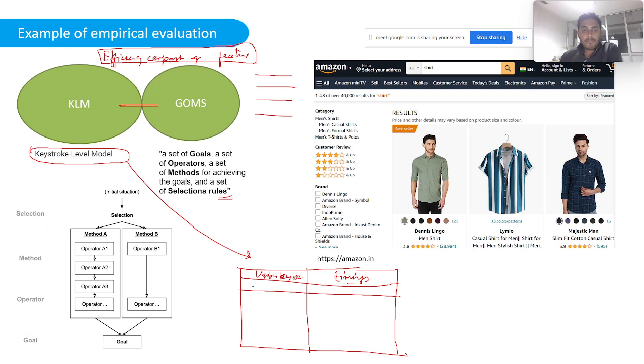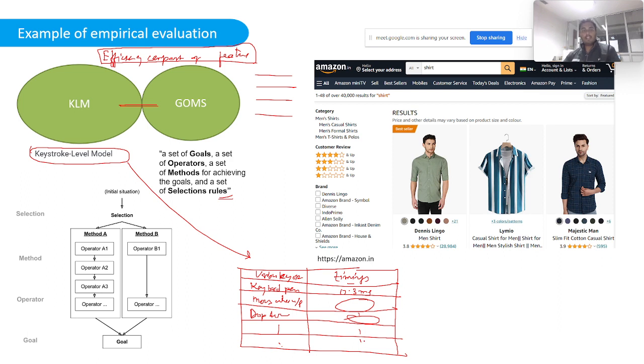If you use a computer keyboard press, you have certain fixed timings defined like 0.3 millisecond. Similarly, if you use the mouse wheel up or down, you have some timings defined. Again, if you click and a drop down menu opens, that particular time period is already defined.